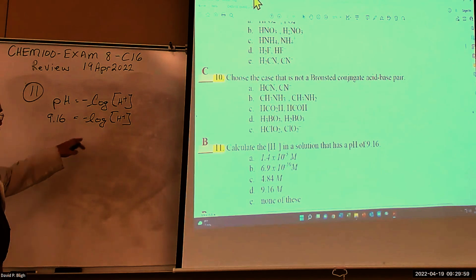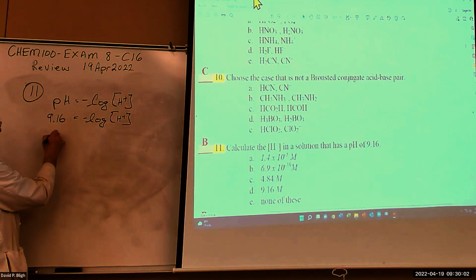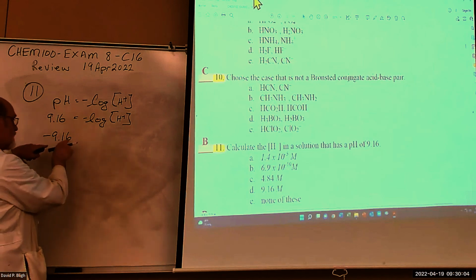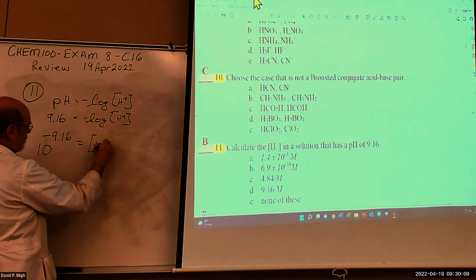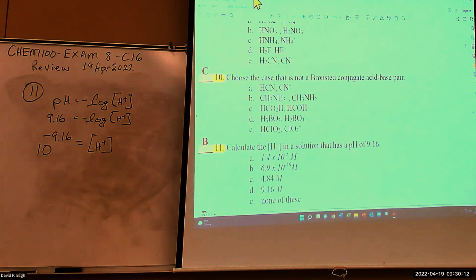And so all we have to do is take that negative sign, put it over here, and then we make this the power of 10. So 9.16, change the sign, and then do the power of 10. And I get an unexpected answer. Let me try that again. 9.16.